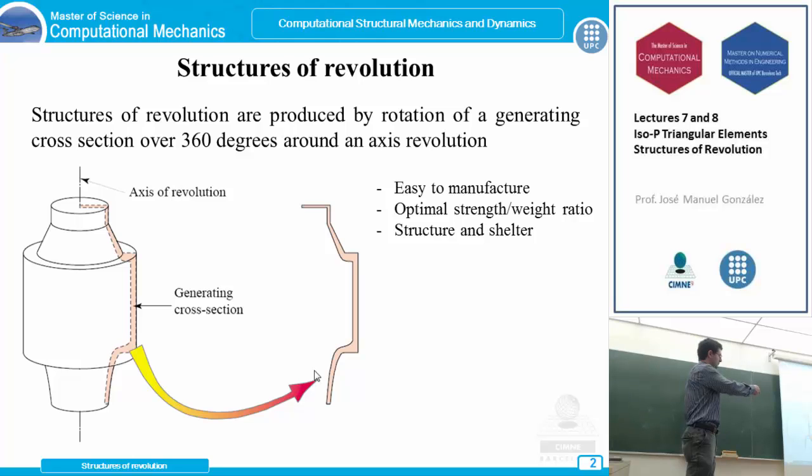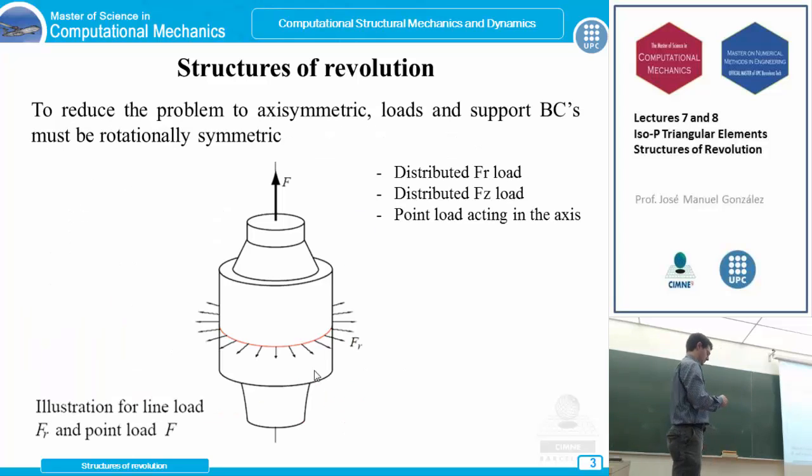so let's consider this revolution structure, this axisymmetric problem. Let's define it. It's not only a question of geometry, because we must assure that the final behavior of the structure is axisymmetric. So it's not only the geometry involved, but the loads must be axisymmetric as well.